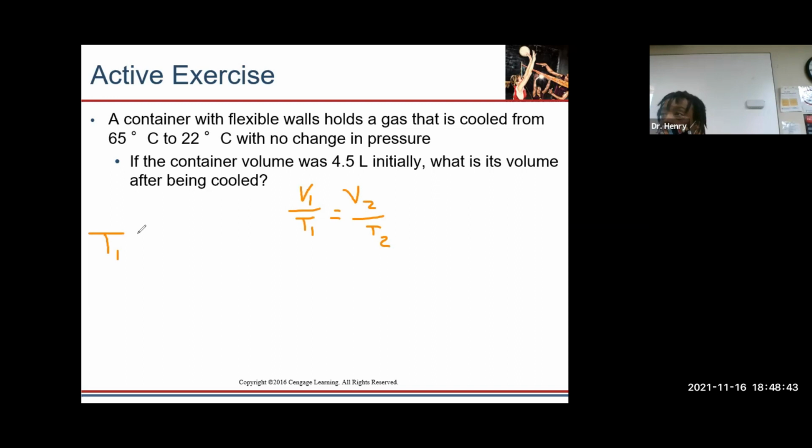So that would be my T1, my initial temperature. Okay, we have to change that to what? To Kelvin. So how do we convert to Kelvin? We add 273.